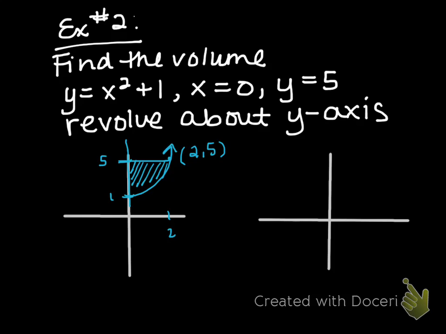Okay, and now we're going to take this area and revolve it about the y-axis. Okay, so there is the area problem. Once we have revolved that about the y-axis, our three-dimensional figure looks like this.